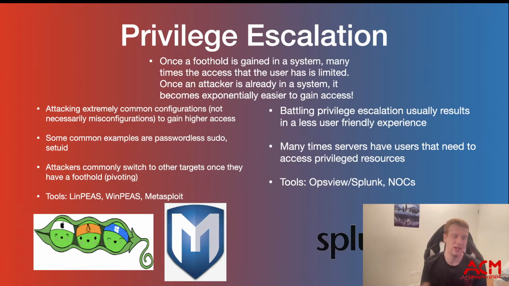This is the idea of switching between different computers. Because you have access to one system, this likely will give you access to more systems. And you can pivot from there and gain higher privilege on another system, even if you can't get it on the same system.